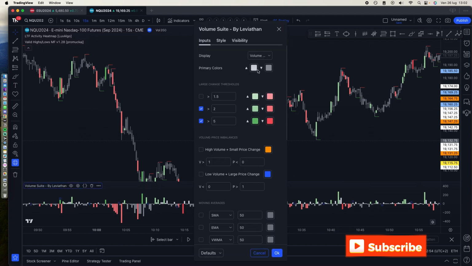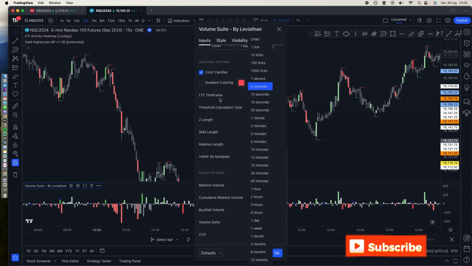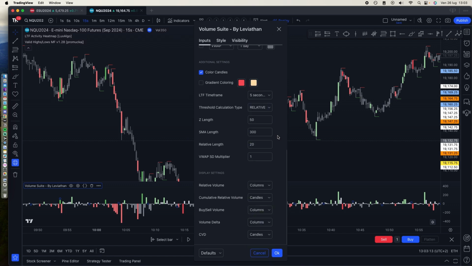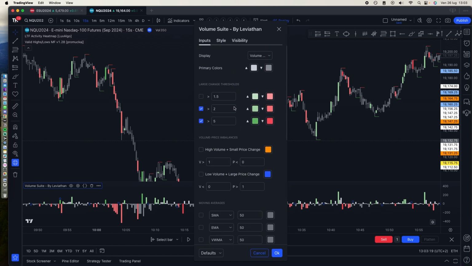So this is basically my settings. 5 seconds, remember to change this. If you use a 15 seconds trigger like me. If you use, for example, 15 minutes, obviously you can have 5 minutes or 1 minute. Obviously everything needs to be backtested.